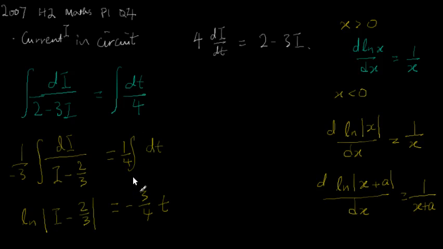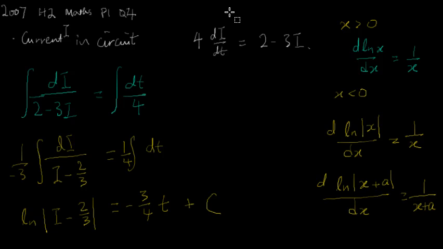And because it's an indefinite integral without any limits, there would be an unknown constant. So here we are. Once we reach this step, we're ready to make use of the initial conditions.